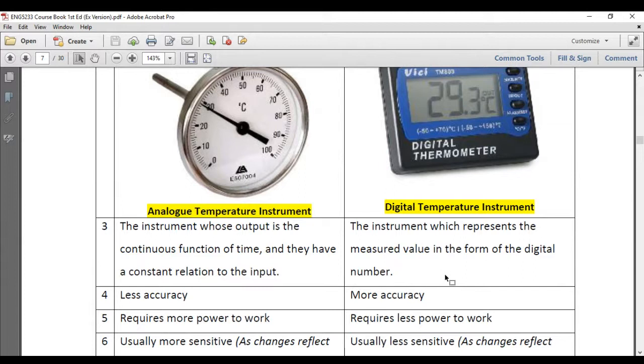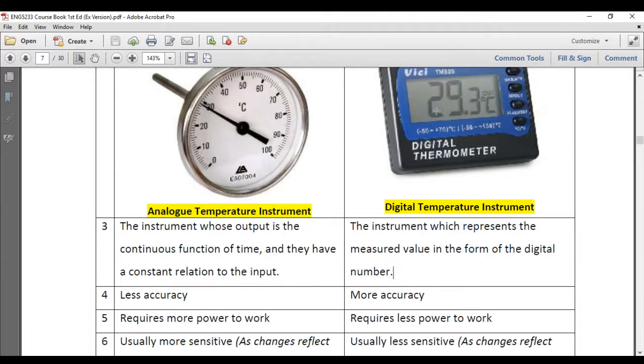While the digital speedometer reading will depend on the resolution, and second thing is the conversion. What happens is that your input parameter, which is the speed of the car, is first converted from analog to digital quantity, and then that digital quantity is displayed as a number on the screen.